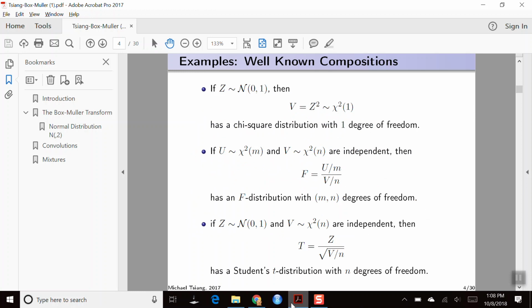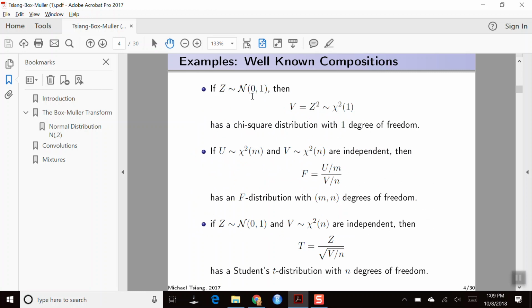So for example, if you are able to generate values from the standard normal distribution, you can then easily get values from the chi-squared distribution by taking those standard normal values and squaring them. If you square them, then you'll have values coming from a chi-squared distribution with 1 degree of freedom, and if you want m degrees of freedom, then you just add up m of these z squared numbers.